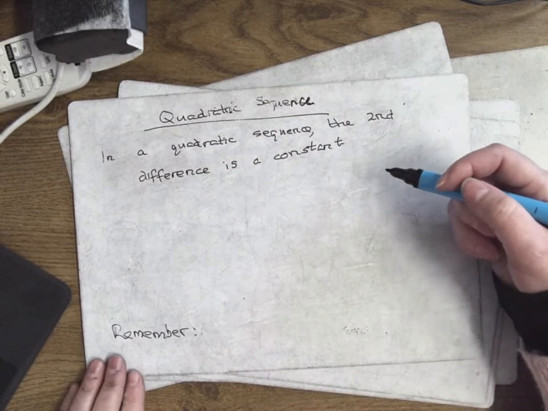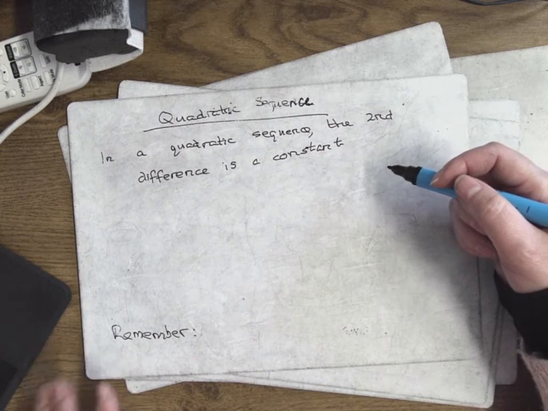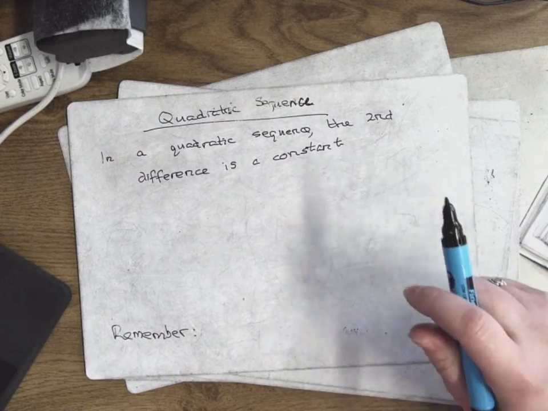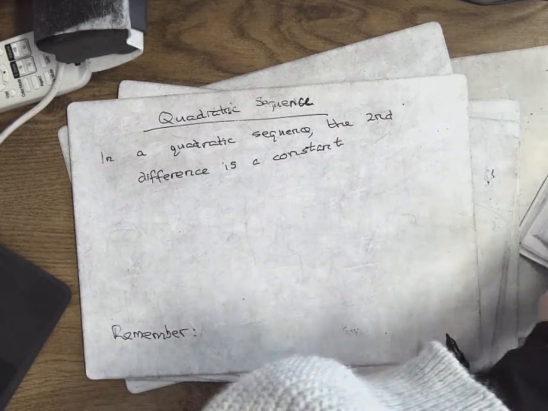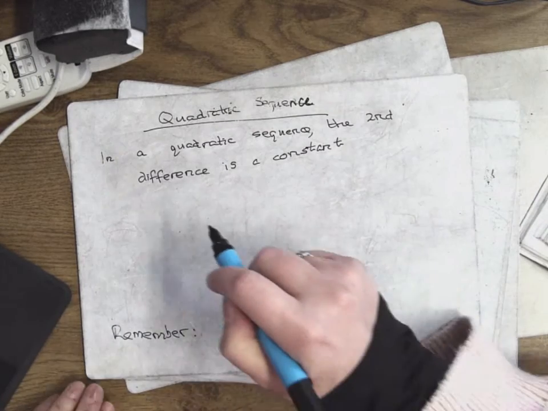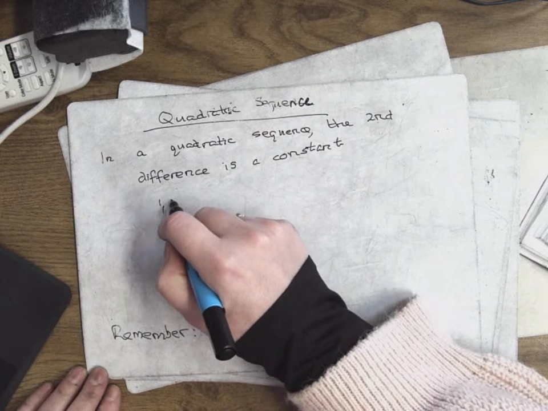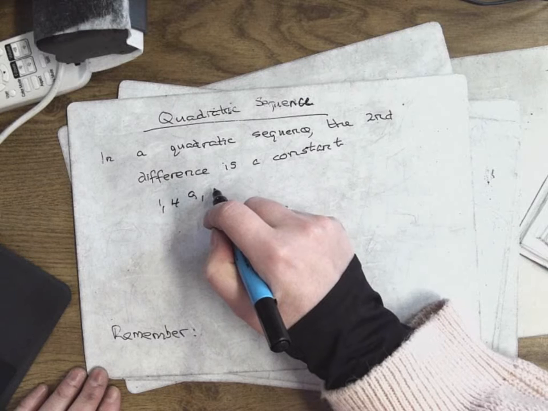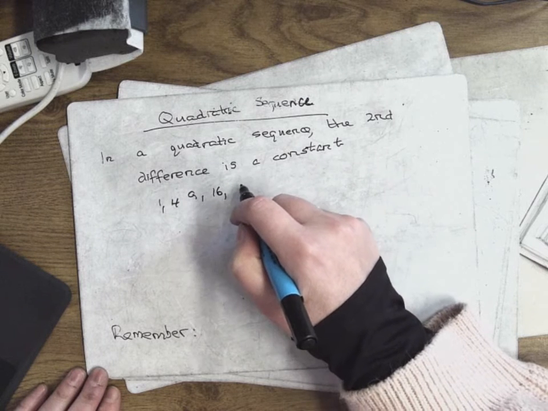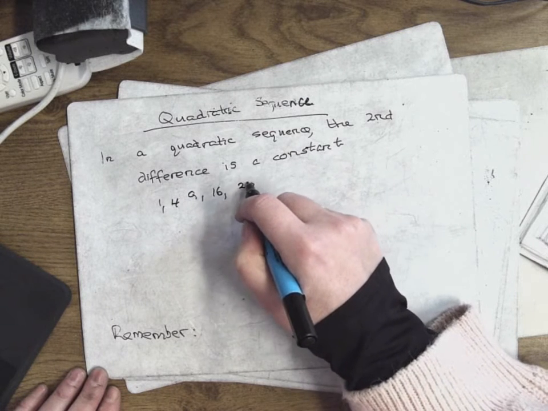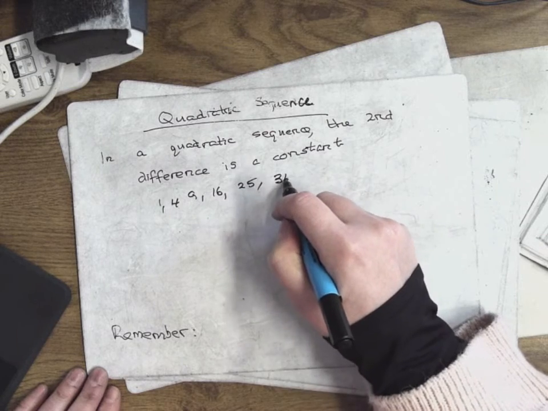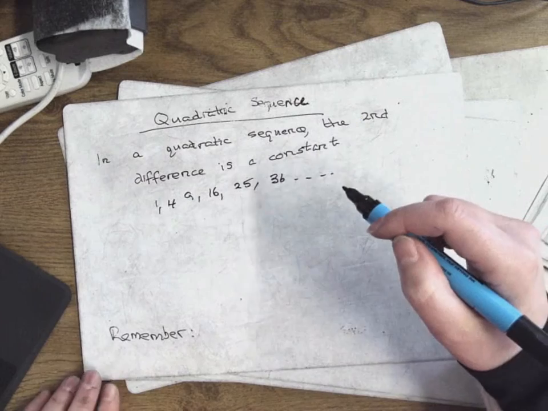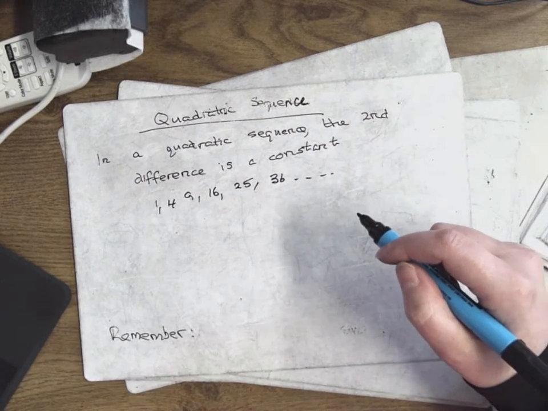In a quadratic sequence, the second difference is a constant. It's not going to make any sense until I write one out and you see what I mean. So if I have a sequence like 1, 4, 9, 16, 25, 36, and so on. There are no pluses anymore, we've gone back to sequences, so back to commas.